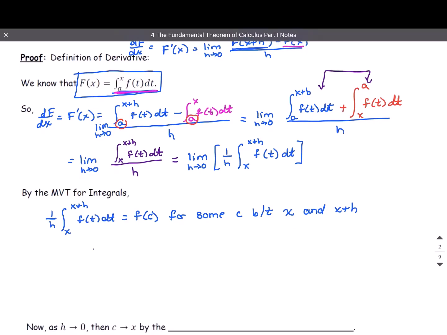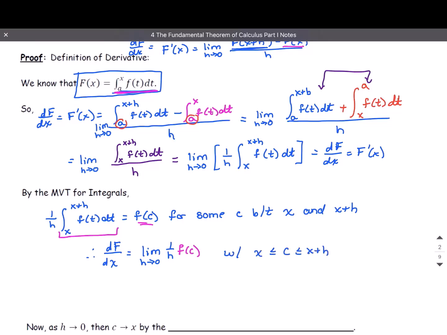So that means that our derivative, because remember this is so far our derivative, is the limit as h heads to 0, and we're going to take all of this, right, has to equal f of c. Oh, I forgot my 1 over h. Where x is less than or equal to c is less than or equal to x plus h.